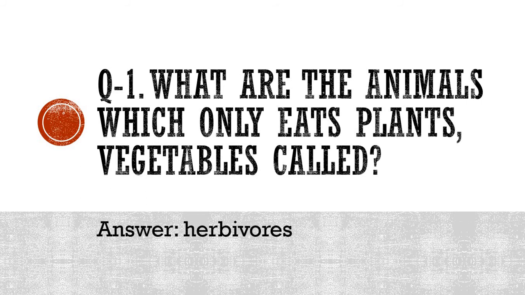Correct answer is herbivores. So here you should know the definition, because here the correct definition is converted into the question and the type is converted into the heading, which is converted into the answer, so as to make the answer shorter. I hope that this is a very interesting way for you. Please repeat this question and answer after me.